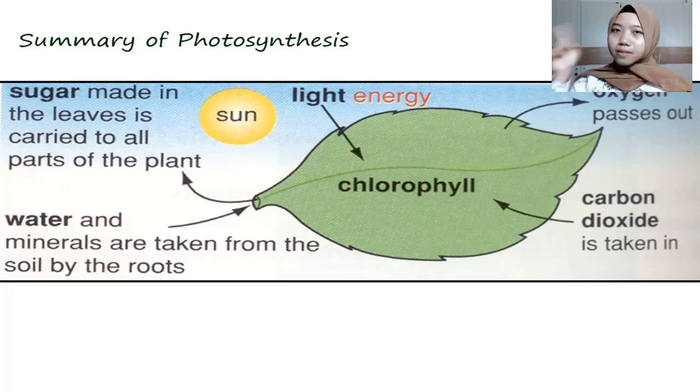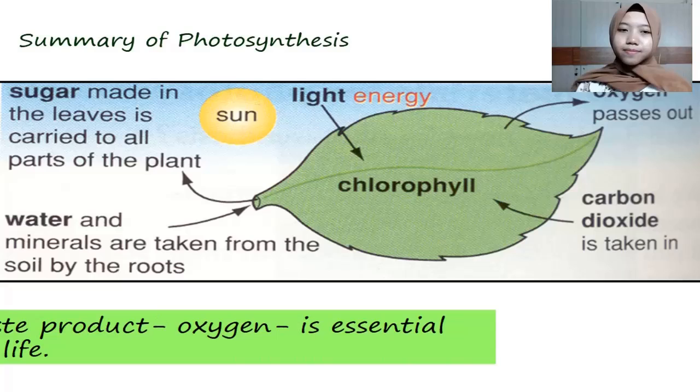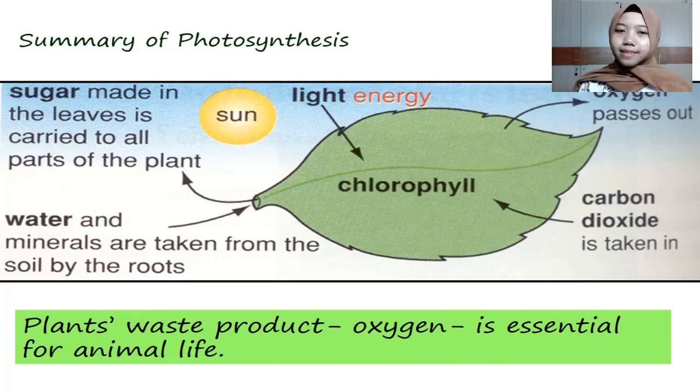Oxygen passes out and carbon dioxide is taken in. With help from light energy and chlorophyll, sugar is made. Plants' waste product, oxygen, is essential for animal life.